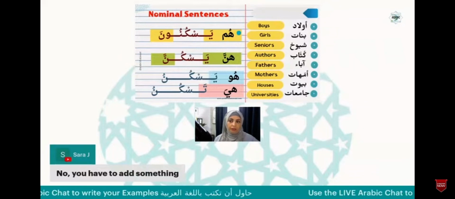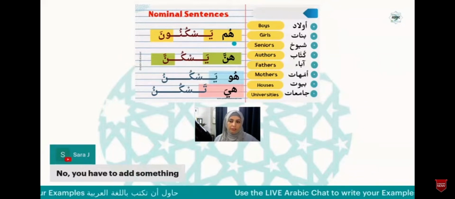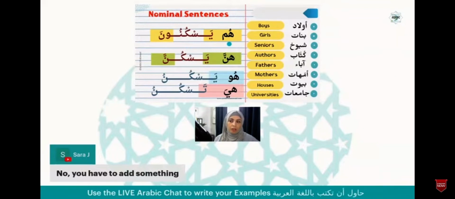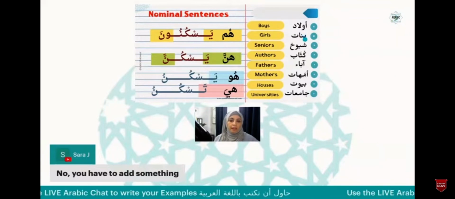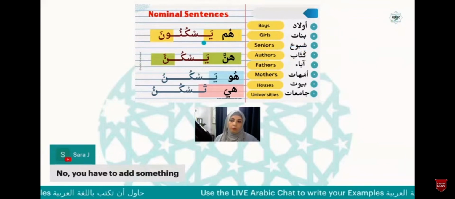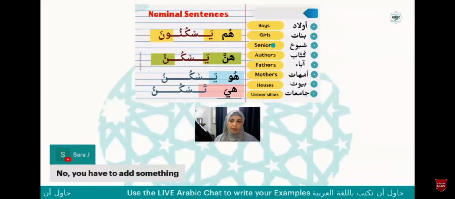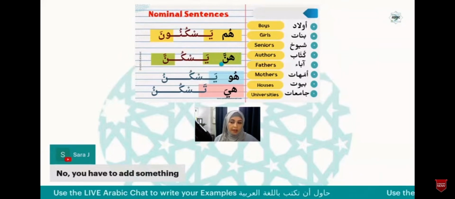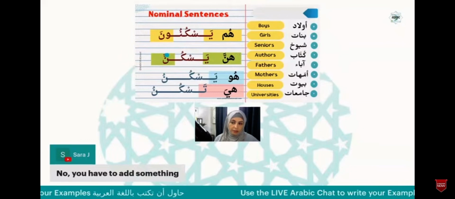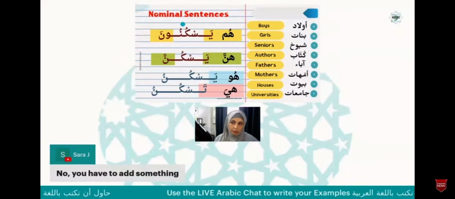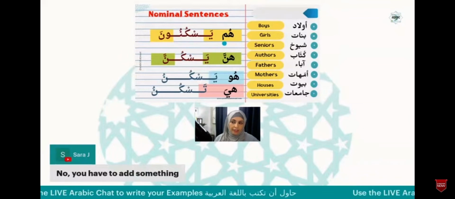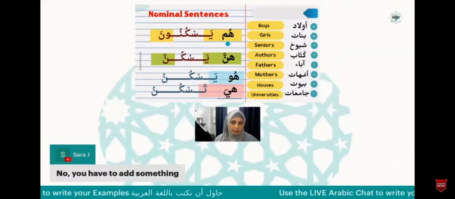Possible, but I want you to be mindful of this structure of saying الأولاد يسكنون. The boys live. And I could go الشيوخ, the seniors. هم يسكنون, referring to شيوخ. But if I go هن, they, feminine, the verb conjugation changes. So when I put the noun first, which is nominal sentence, the verb conjugation changes and it has to agree with the gender of the subject.